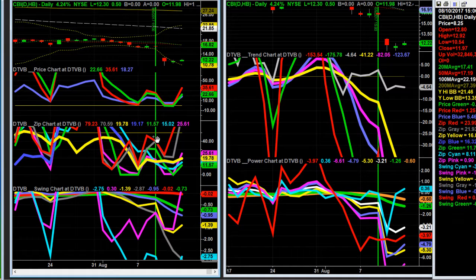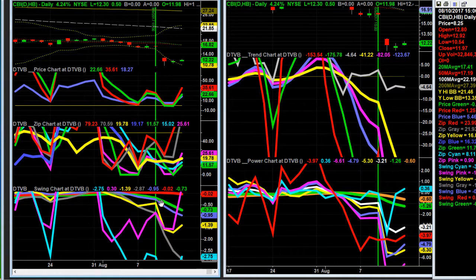We're in divergence there. We also have divergence in zip green and zip Zion. As well, we have up touches in the swing chart.